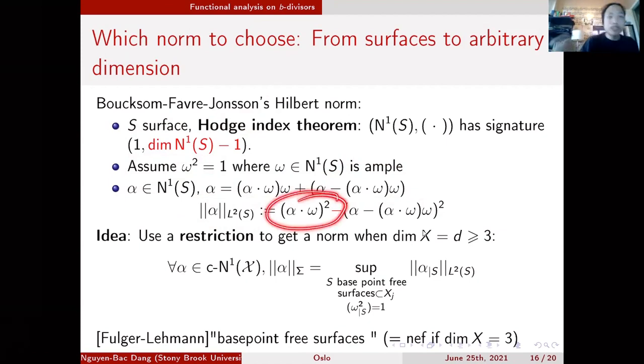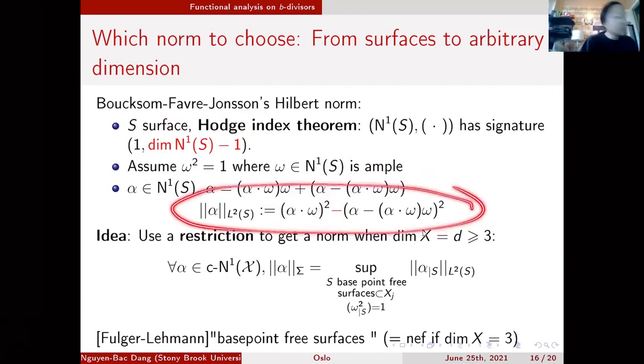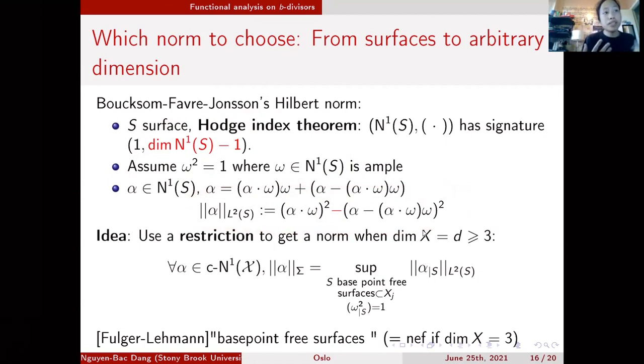So you take the square of the positive part but you put minus the square of the negative. So this gives you a Euclidean norm if you are in a finite dimensional vector space. And if you go into infinite dimension, in the space of b-divisors, in this inductive limit, you get the Hilbert norm. Okay, so that's the construction of a Hilbert norm.